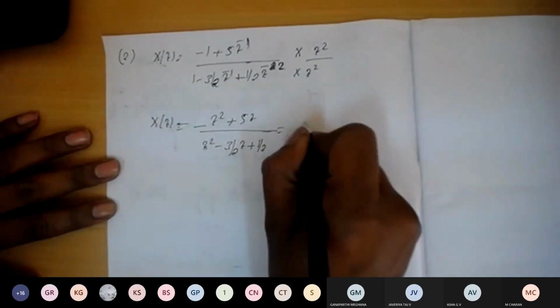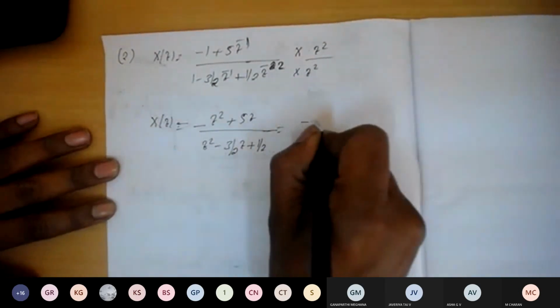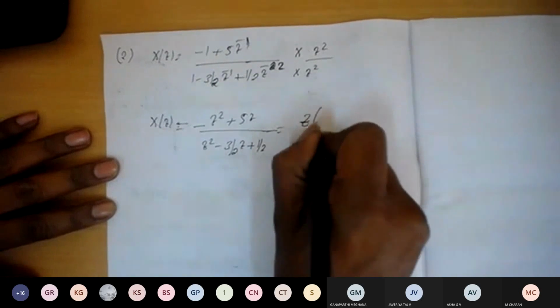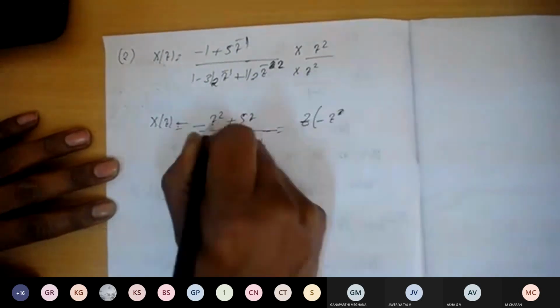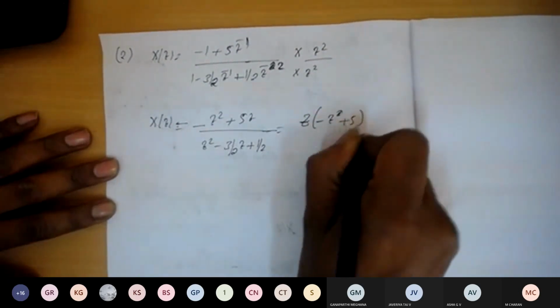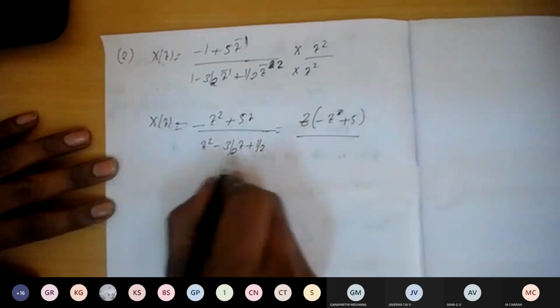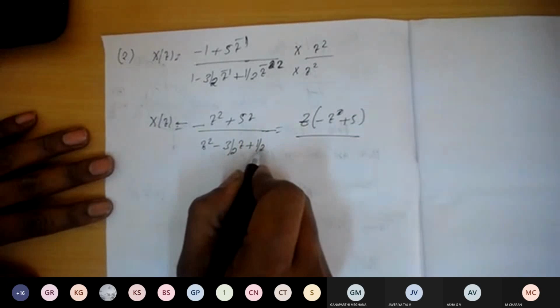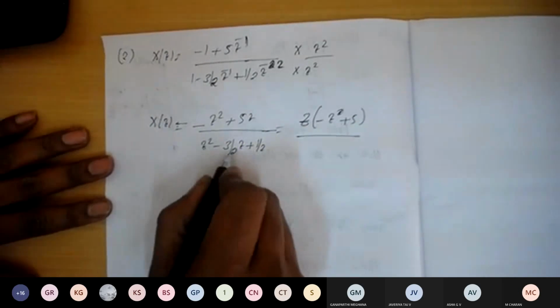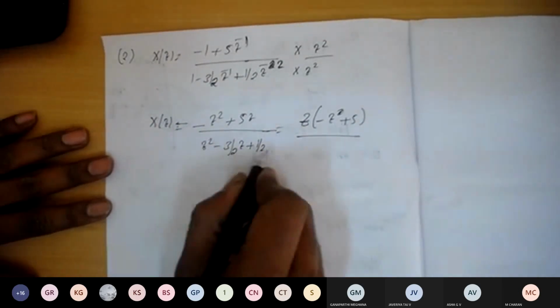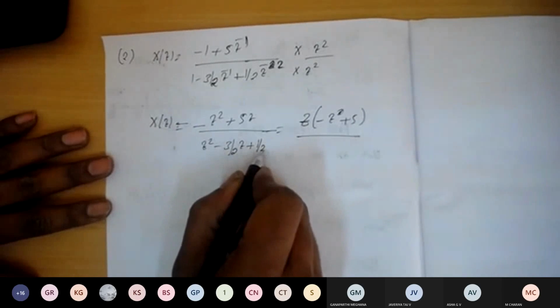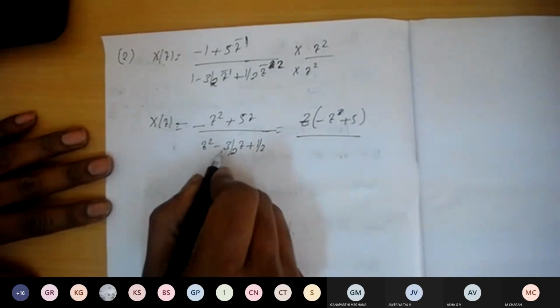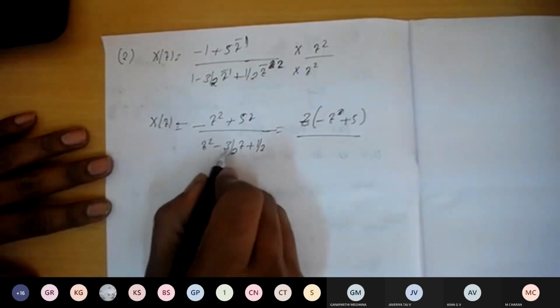So I'll rewrite this. Taking z common, the remaining quantity is minus z plus 5, divided by the factorized denominator. We need two numbers whose sum is minus 3 by 2 and whose product is 1 by 2: minus 1 and minus 1 by 2.